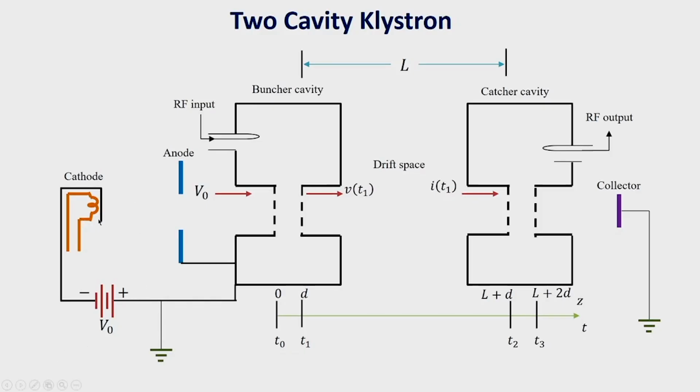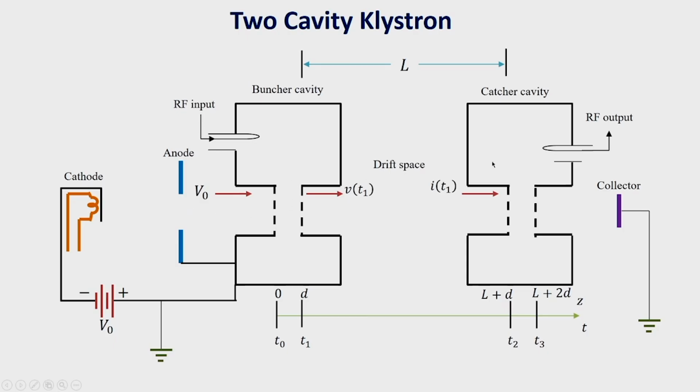Here we have a cathode which is heated and it emits electrons, which are accelerated by the anode, and these accelerated electrons pass through the anode.